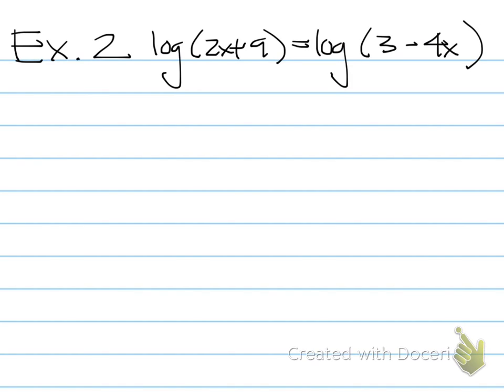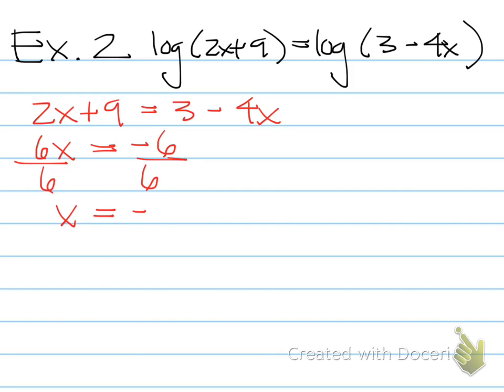So as you can see in this equation, you have two logs of base 10 set equal to each other. So you can now set what you're taking the log of equal to each other. And whenever we solve for x, we get x equals -1.